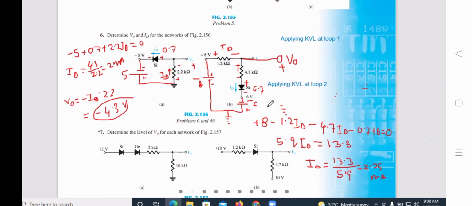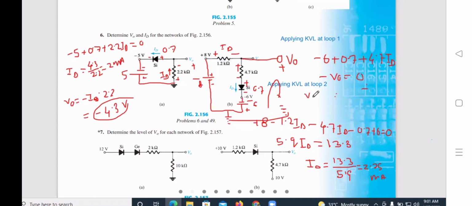So we can apply KVL here. From this ground to this ground, we can apply KVL in any direction. So plus to minus, minus 6, minus to plus, plus 0.7, minus to plus, plus 4.7 ID, plus to minus, minus V naught equals to 0.